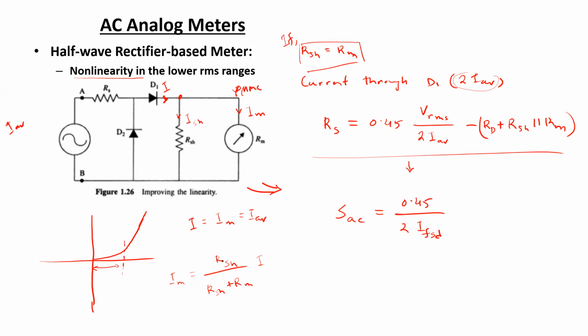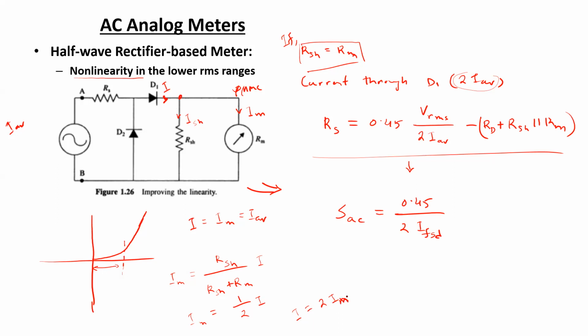So if these two values of the resistance RSH and RM are equal, then we are going to have a factor of 1 by 2 into I into IM. So from here we can write the current flowing through the diode to be I equals twice into IM.